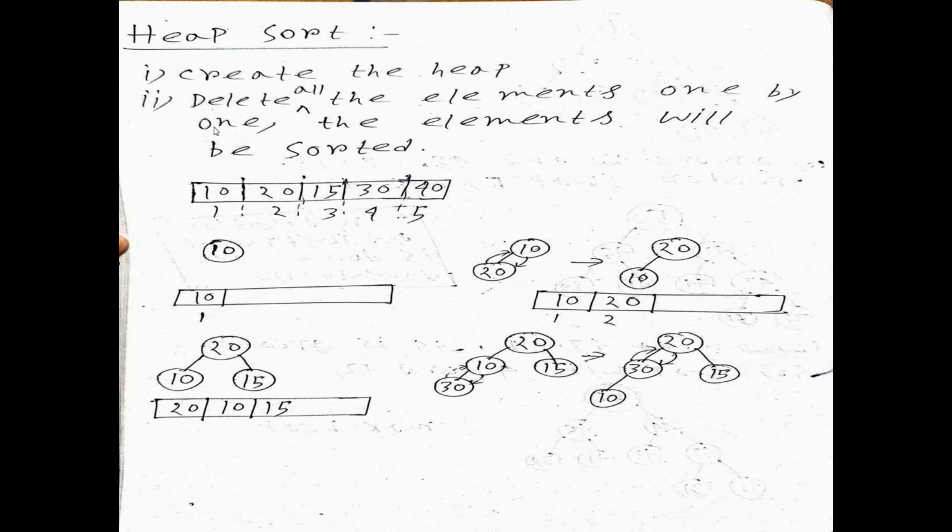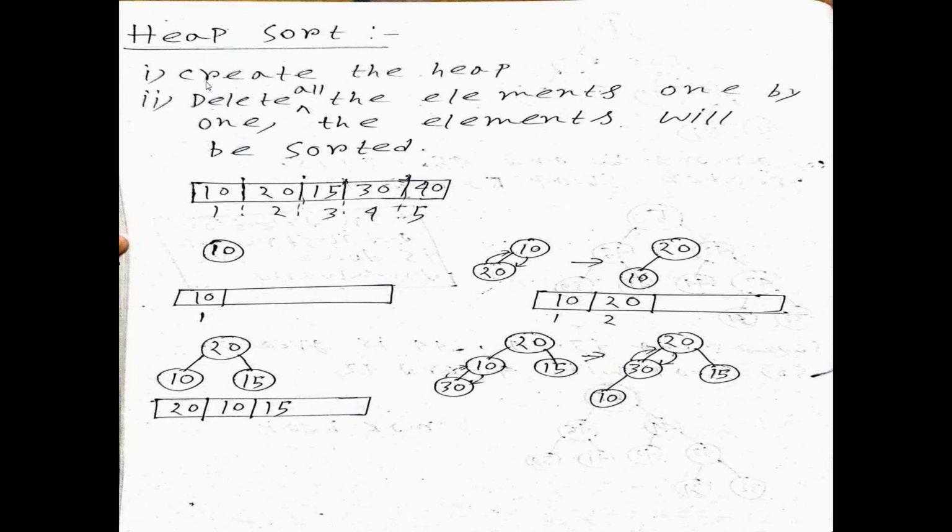Then delete all the elements of the heap one by one, and at last we find that all the elements are in sorted order. Again I repeat, there are two steps in heap sort. First is creation of the heap tree. Next step, delete all the elements of the heap one by one. The elements will be sorted.